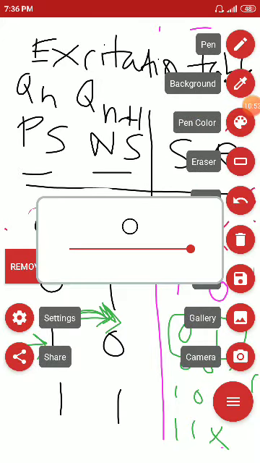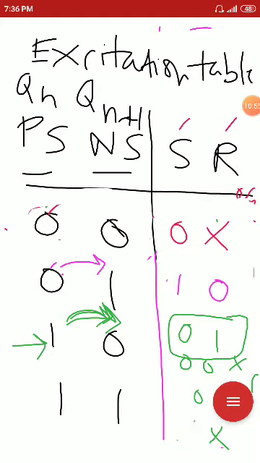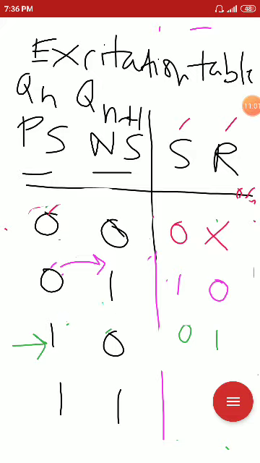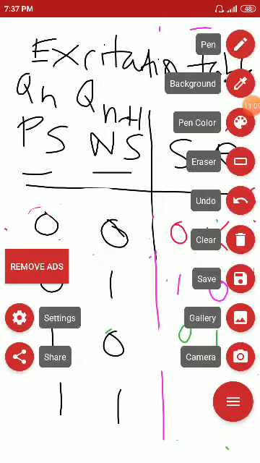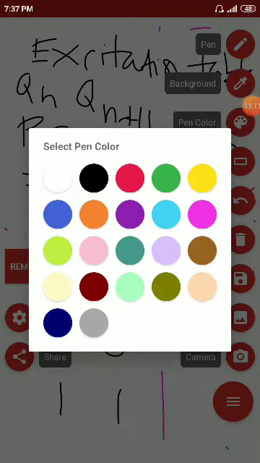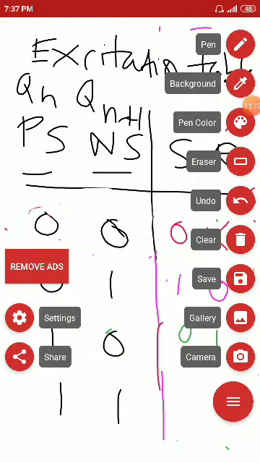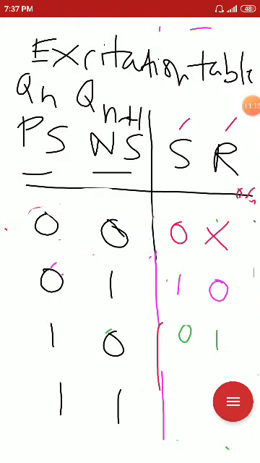Now the last case which you have to check is the 1 1 condition. 1 1 condition means the output is changing from 1 to 1. So we shall see what are the possible cases. Present state is 1 and next state is 1.